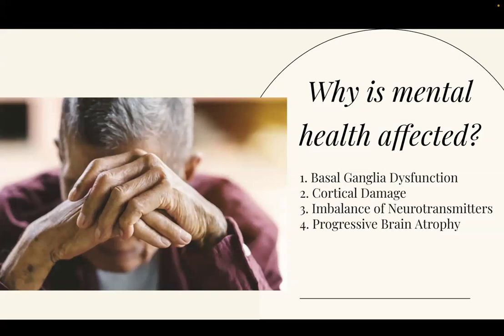So the imbalance of neurotransmitters leads to why they're impulsive and they have mood swings, and they're just losing a lot of important neurons in their brain, which is leading to these mood swings and mental health issues. Okay, number four, the progressive brain atrophy. As the disease advances, brain atrophy spreads, worsening cognitive decline, emotional dysregulation, and psychiatric symptoms. So, it kind of all goes together.